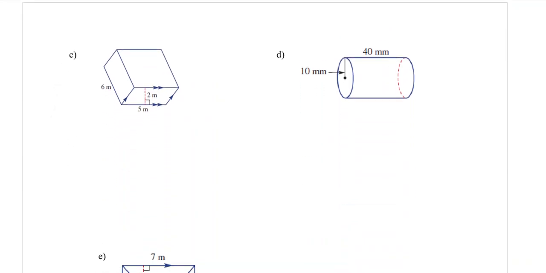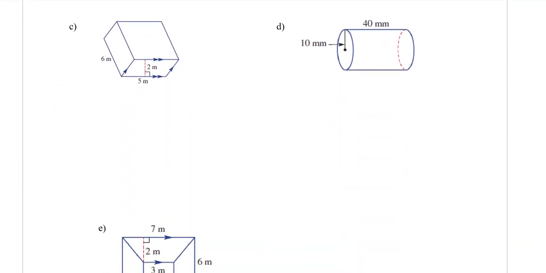On the next page, this is a parallelogram prism. So it's got a parallelogram on the front. So we're going to find the area of the parallelogram first. The formula for a parallelogram is A equals BH, base times height.